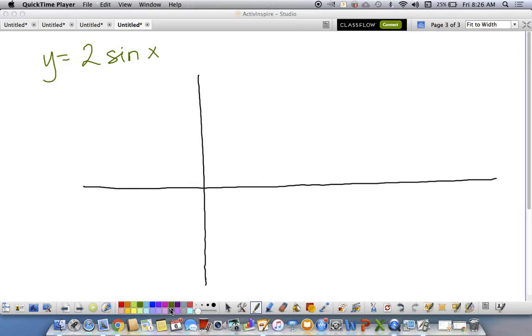Sine is easier to do over one period because it starts at 0. So I didn't change the period. It's still 2 pi.